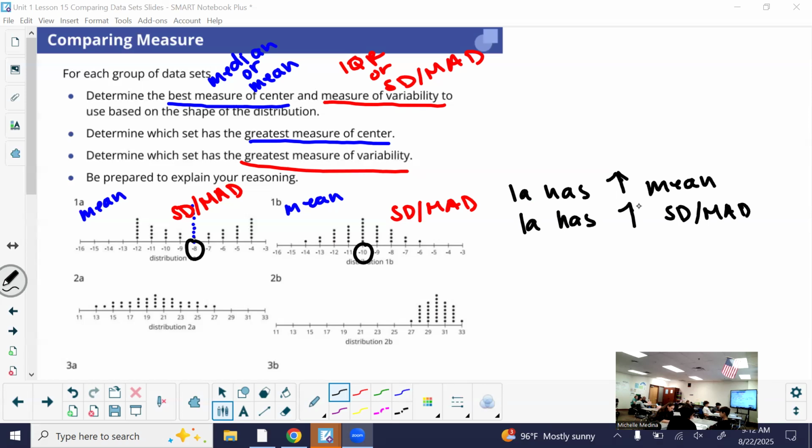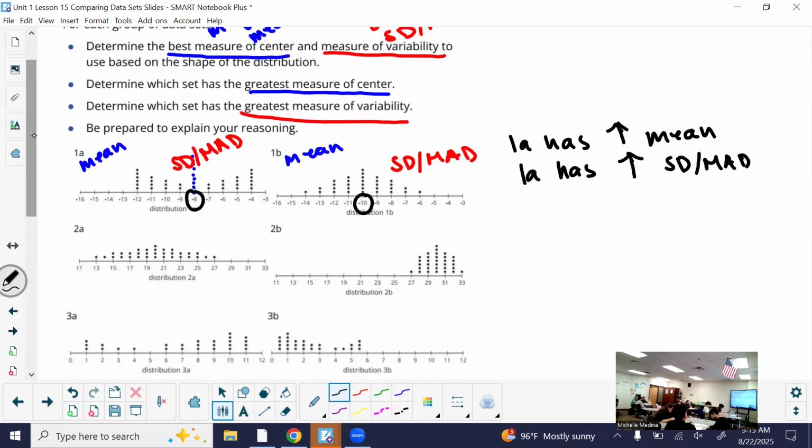You technically don't need a calculator for that, but you could have put it in the calculator and compared the numbers, which is higher. This one is technically more spread out because all the data is away from the mean, and it's peaked on the very ends of the data. All the data in 1B is clustered around the mean. So 1A is more spread out. That one has higher variability. Question.